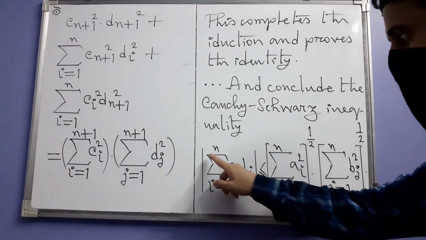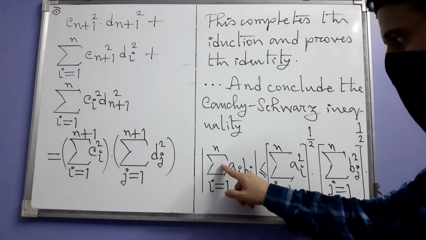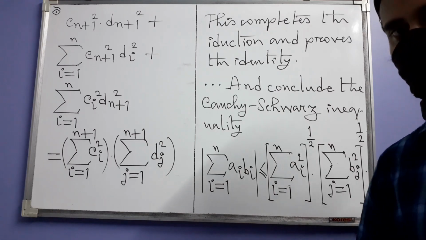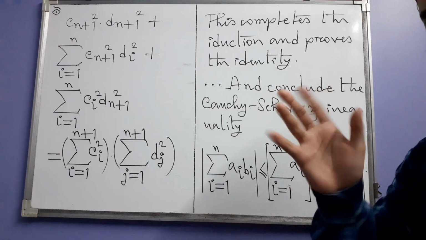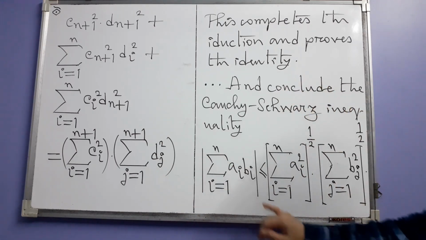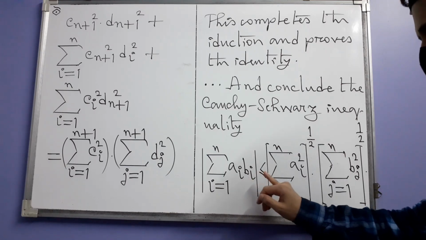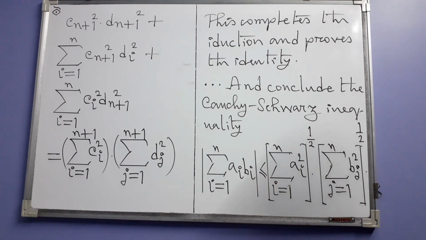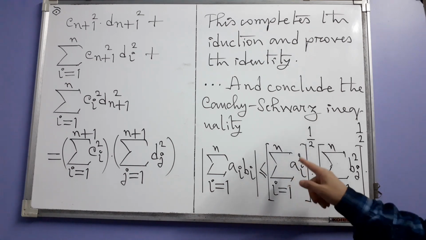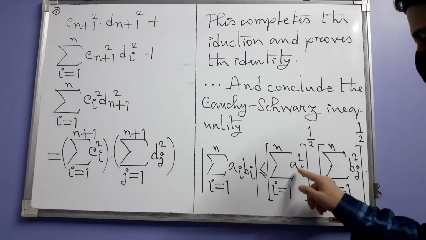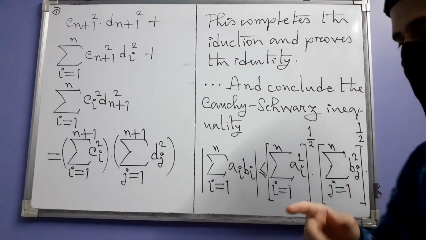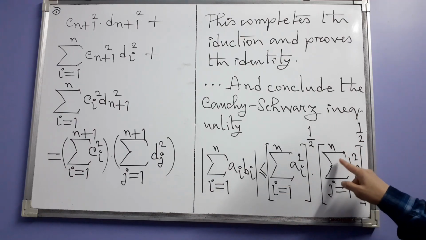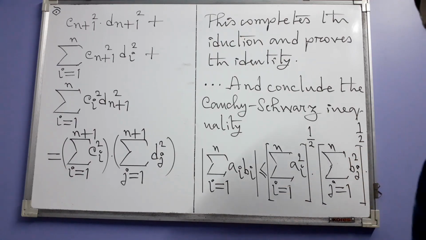This time we are considering the absolute value of the sum of a_i b_i, where i varies from 1 to n, no squares or anything. The claim is that this is less than or equal to this product, where we see square roots: the square root of the sum of the squares of the a_i's times the square root of the sum of the squares of the b_j's.